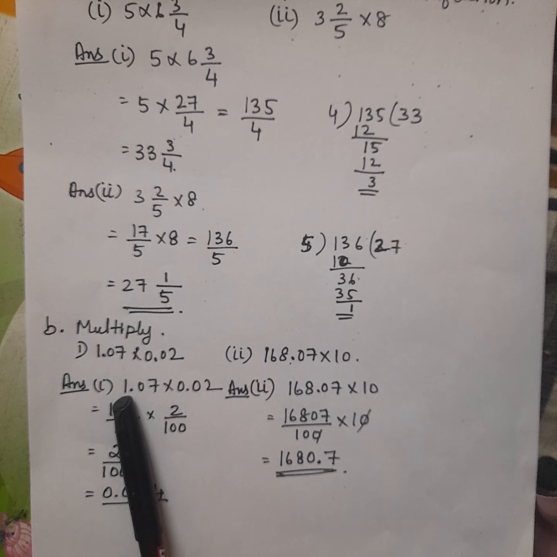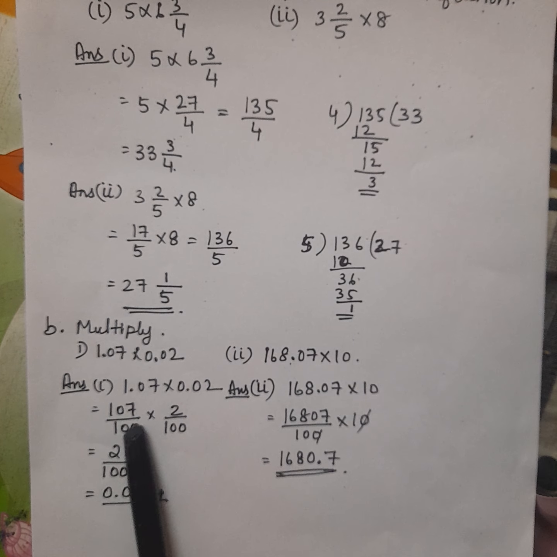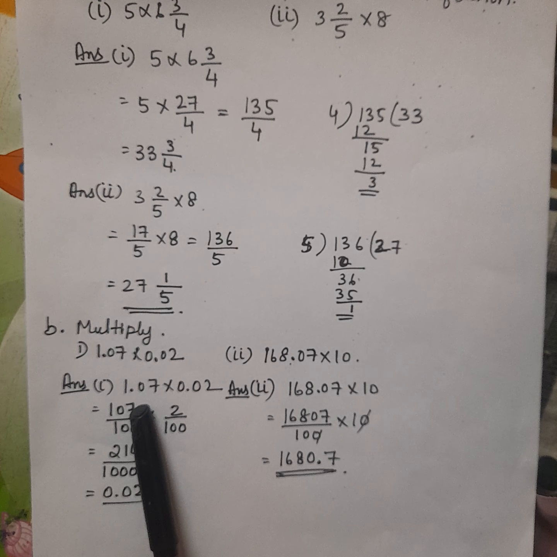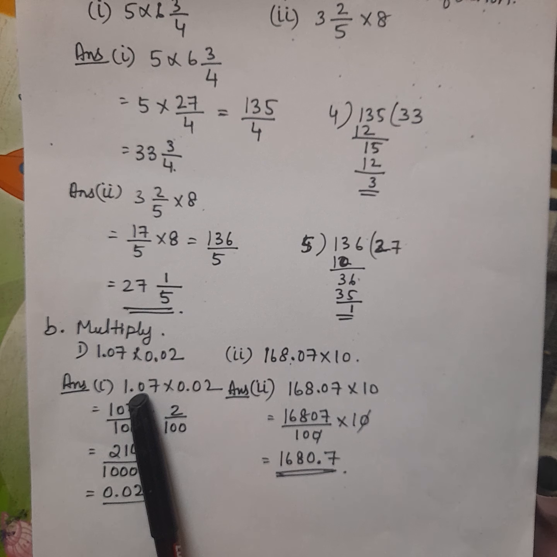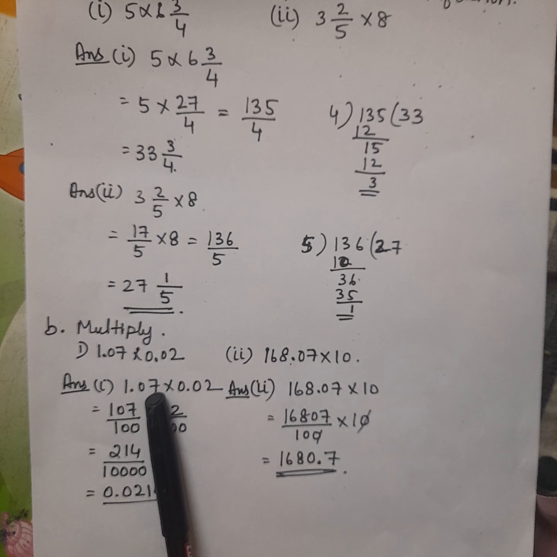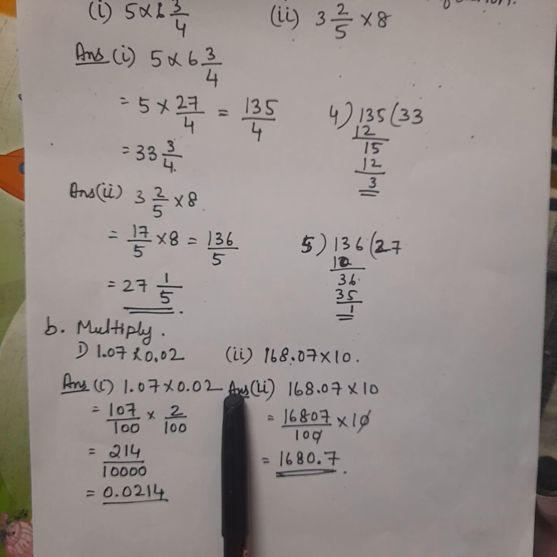for example for this one, 1.07 becomes 107, then you have to divide by 100 because there are 2 digits after the decimal point. Now 107 divided by 100 into 0.02.